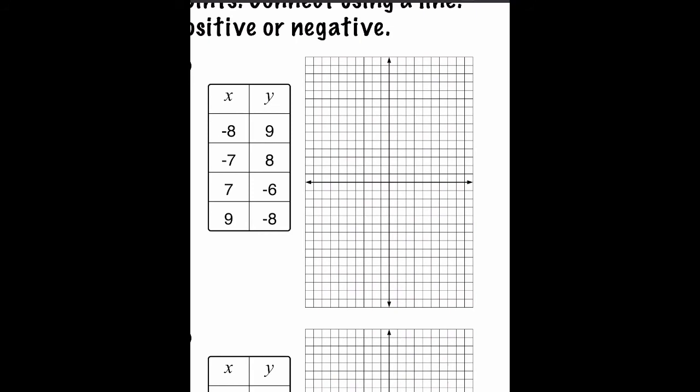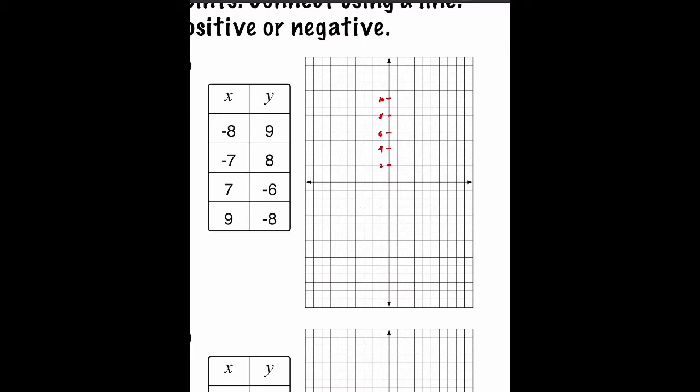Again, the first thing you need to do is to label your axis. 2, 4, 6, 8, 10. I just went up to 10 because look at the maximum value. The highest is 9, so I don't need to go more than 10.